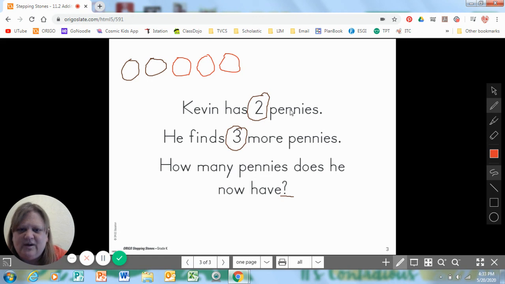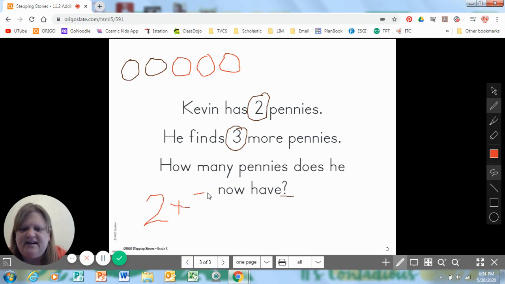All right, so what's the first number? 2. Now, do we just do addition or do we just do subtraction? Yeah, we did addition. The action was that he found some more to add to the ones he already had. So we use an addition sign.